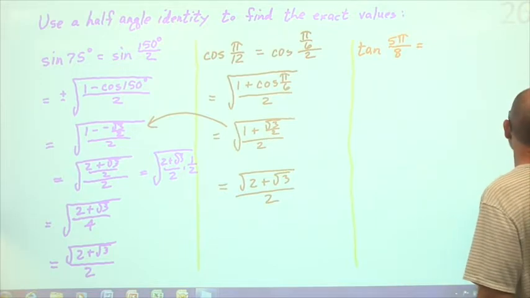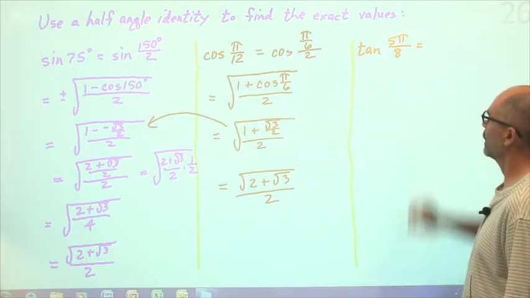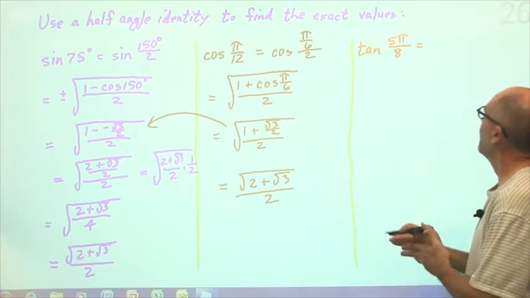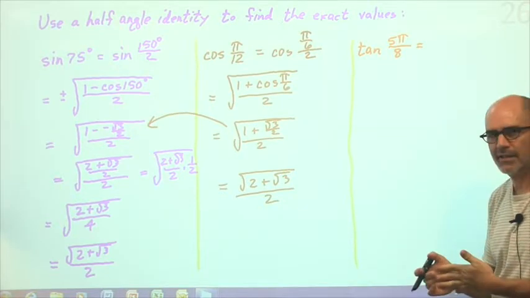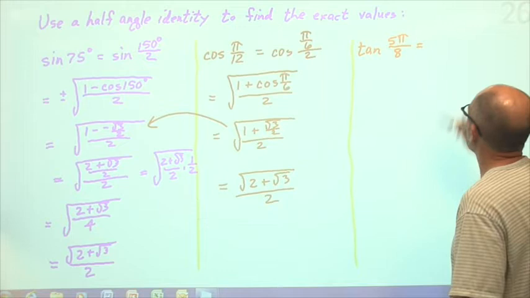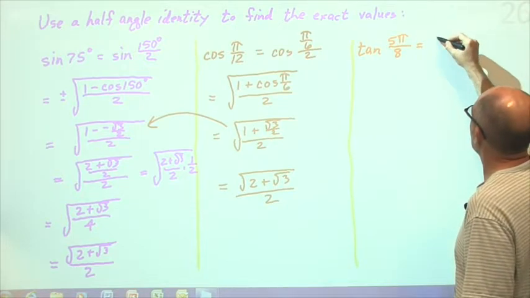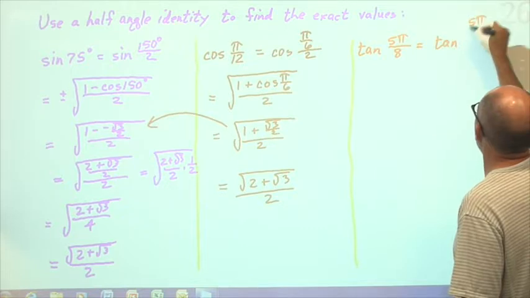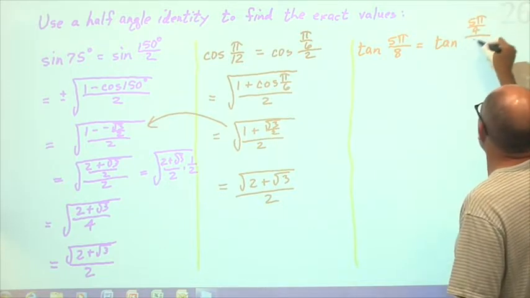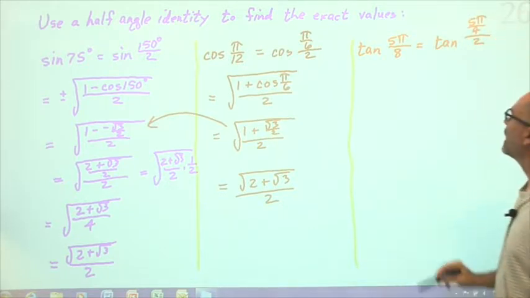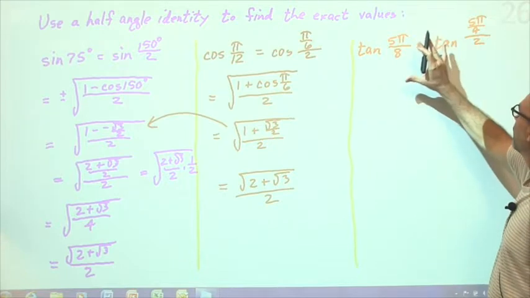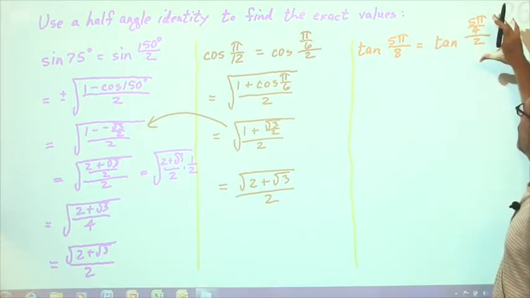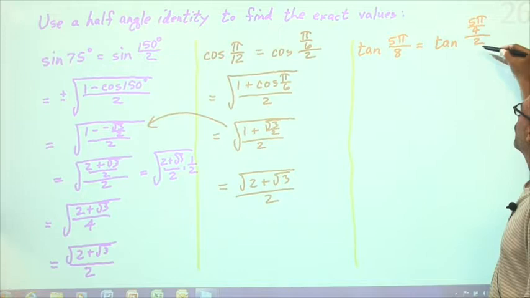All right, now, for the tangent, we're going to go completely off the grid and go to 5 pi over 8. Well, that's going to equal tangent of 5 pi over 4 over 2. Because remember, we're trying to get the 5 pi over 8 into a fraction of alpha over 2.